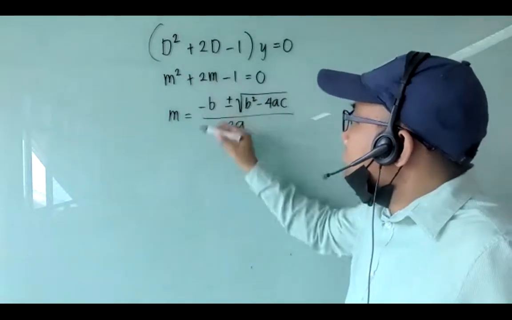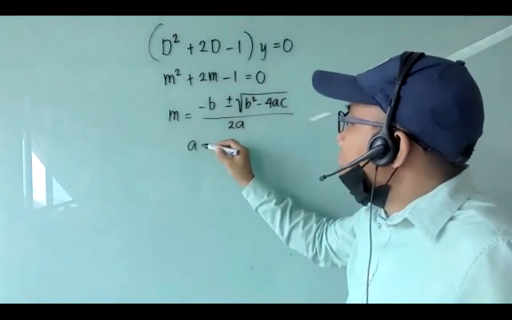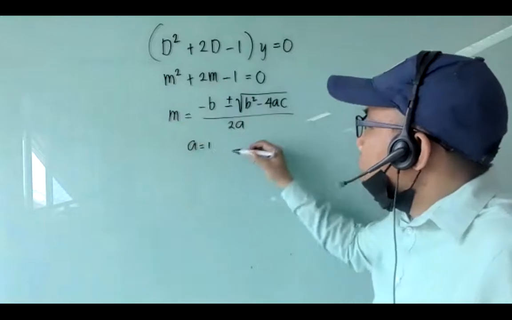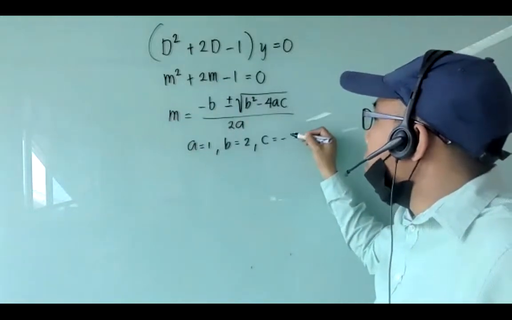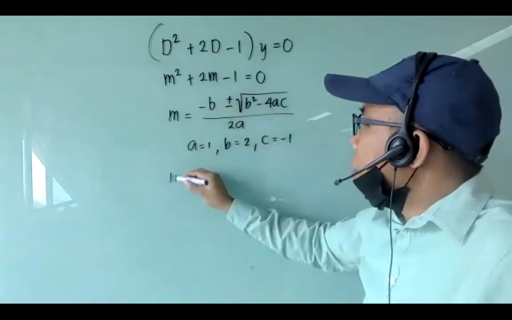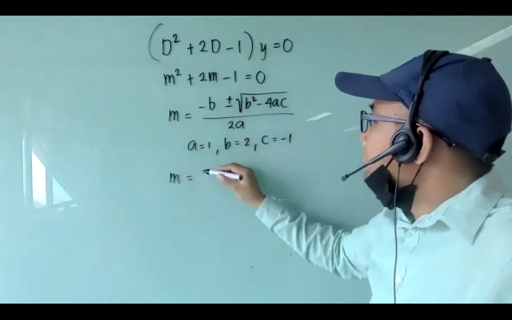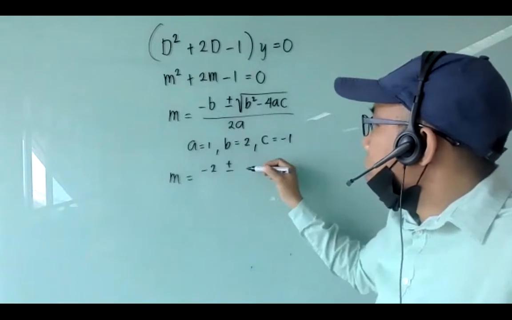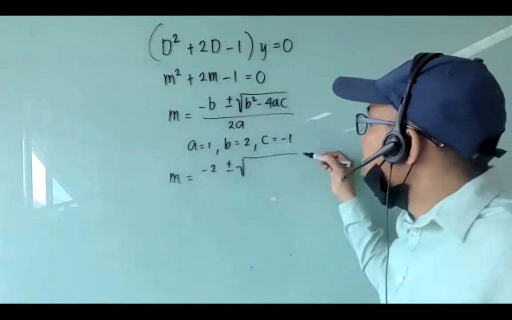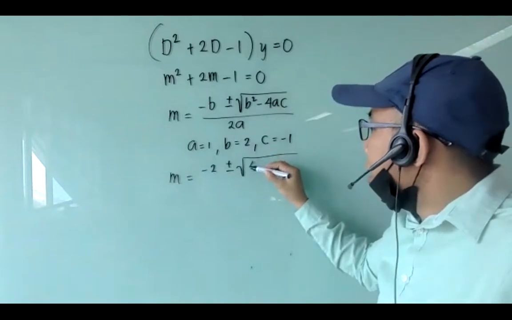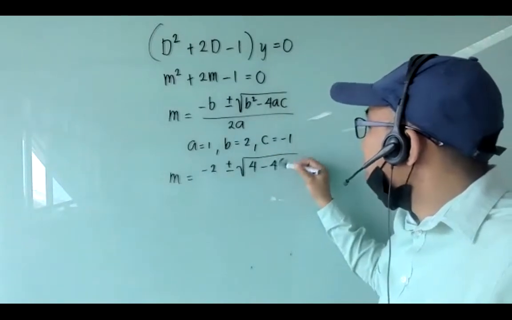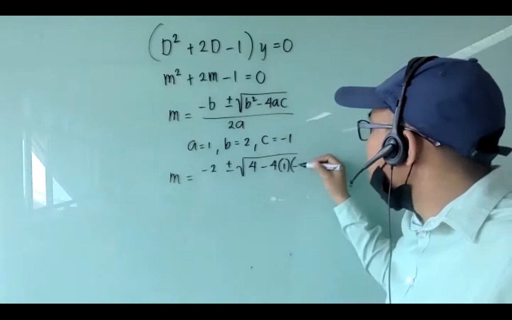Okay, yung a natin dyan is 1, yung coefficient ni m squared. Yung b natin is 2, yung c is negative 1. So plug in natin sa formula. So we have negative 2 plus or minus square root of b squared natin, so that is 2 squared, so 4, minus 4 times 1 times negative 1.